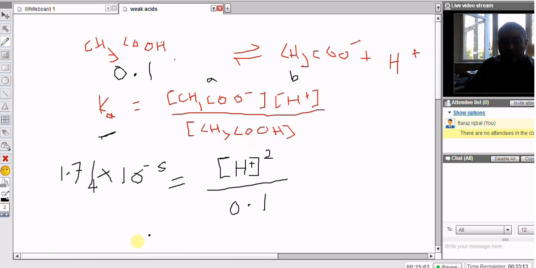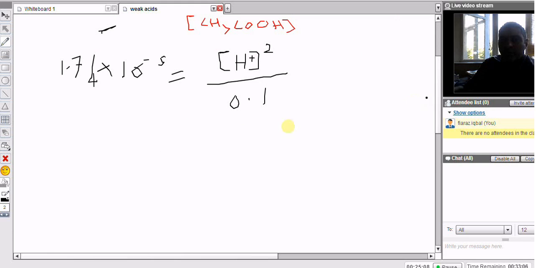Well, after we got to this stage, we put all the numbers in. It's really difficult. You move the 0.1 across. From GCSE maths, you take the divide by 0.1 across to the other side, and it becomes times 0.1.